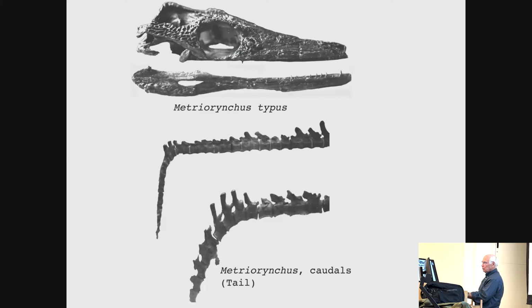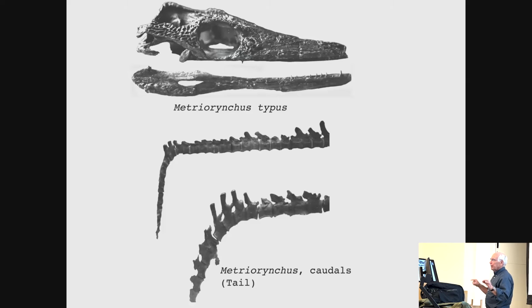What's interesting about this, here's the vertebral column. This is a European specimen, but you see the vertebral columns have the flexure. They bend down just like an ichthyosaur. So they had this vertical tail again. They swish back and forth, kind of like an ichthyosaur would.